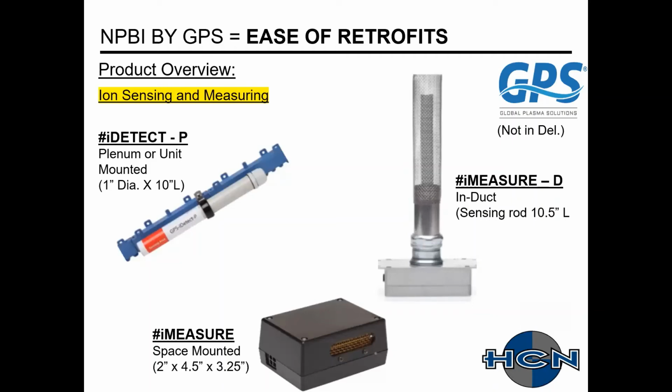Up left is the iDetect that's installed in plenums or air handlers, unit mounted. The iMeasure on the bottom is for space mounting, and then they also have the iMeasure D for your induct. You can see all of them are relatively small in size, and once again, all of these products have the ability to tie into your BAS system.